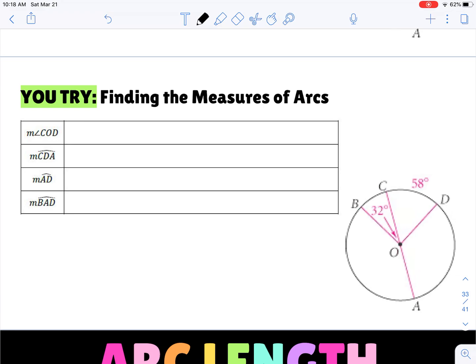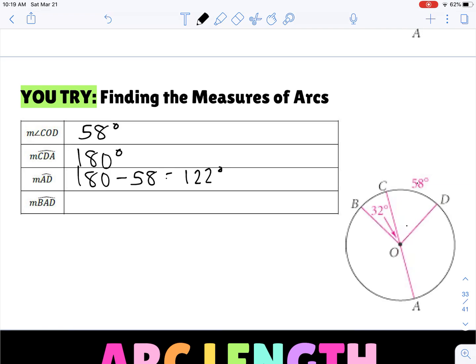Okay, so the measurement of angle COD would have to be the same as the arc because they match up. So this would be 58. The measurement of arc CDA is a semicircle. It would have to be 180. The measurement of arc AD would be 180 minus 58, which is 122 degrees.